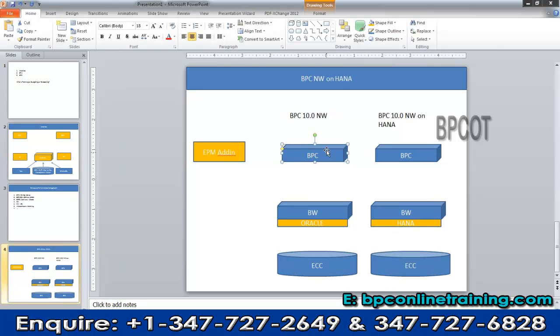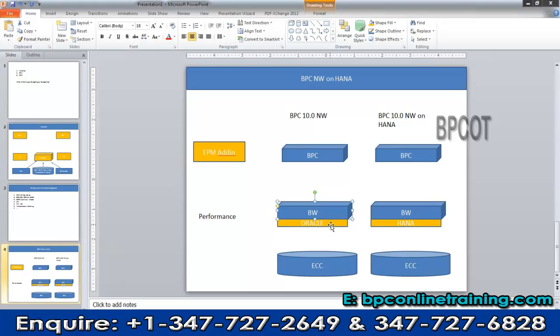In BPC, that may be BPC 10 NetWeaver, or BPC 10 NetWeaver on HANA. The configuration is the same, the settings are the same, the process analysis is the same, the blueprint preparation is the same, everything is the same. Only the change comes in performance. Because here it is BW on Oracle, this is normal performance as usual.